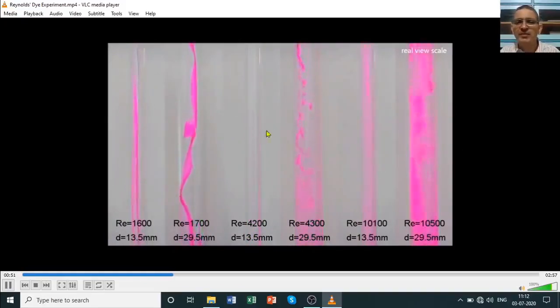Sometimes it is layer like, sometimes it is behaving like this. This happens because velocity of the fluid is different in different pipes, and that makes the flow either laminar, layer like, or turbulent, with intense mixing, vortices, random nature, and so on and so forth.